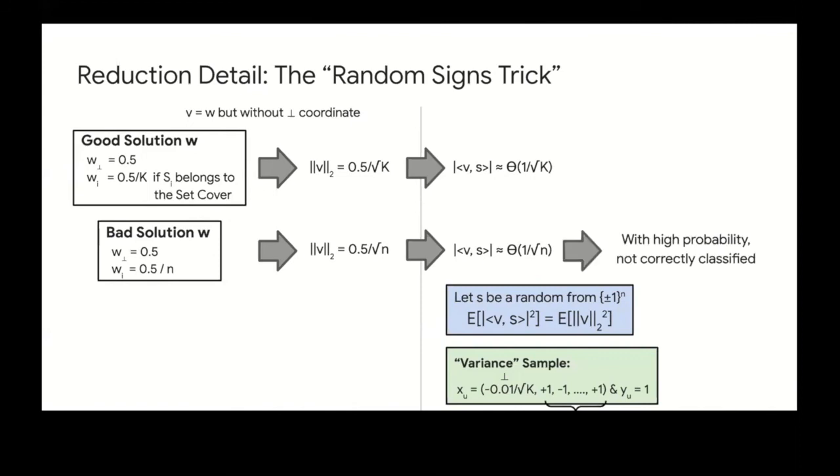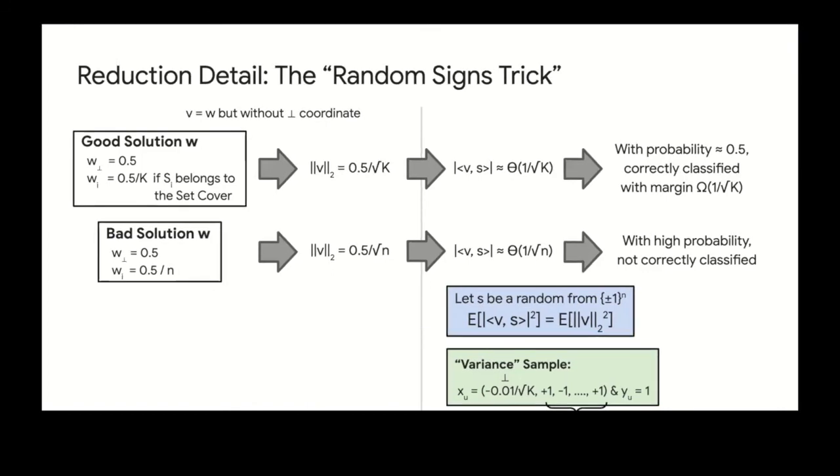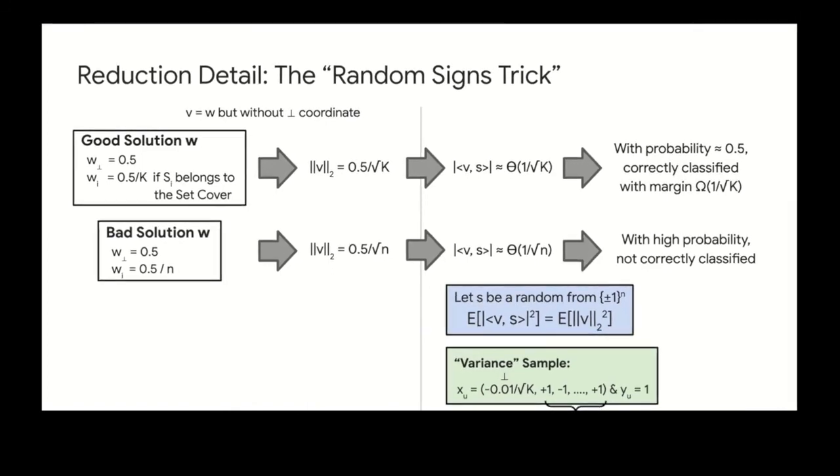Since in the bad solution the typical absolute value of V dot S is only of the order of 1 over square root n, with high probability it will not correctly classify this sample. But in the yes case, since the typical value of V dot S is of order 1 over square root k, we will have, with some constant probability, correctly classified this kind of sample with the desired margin 1 over square root k.